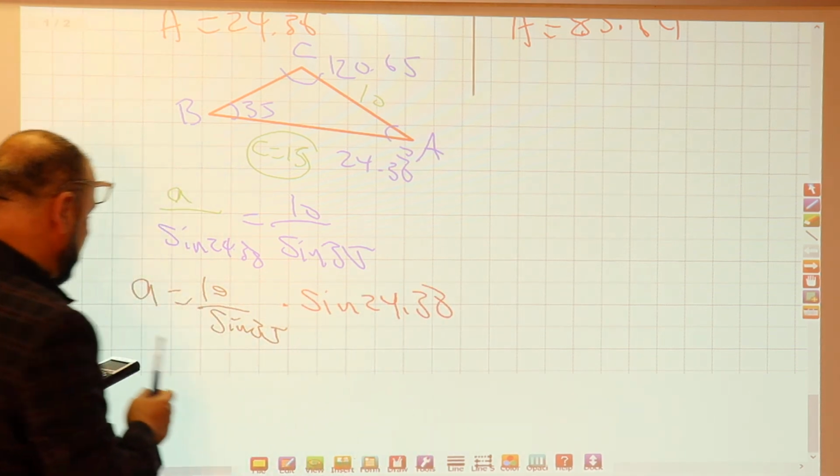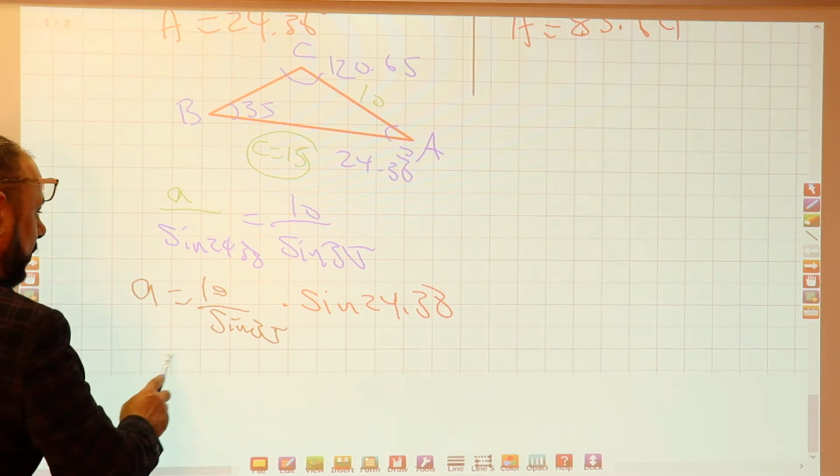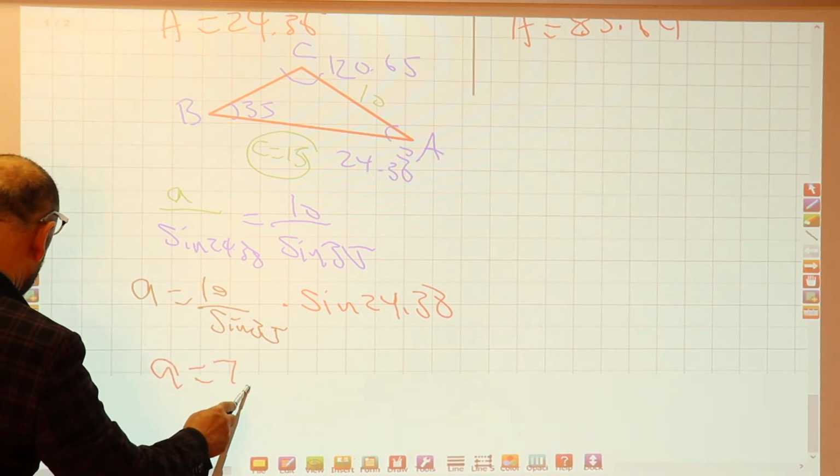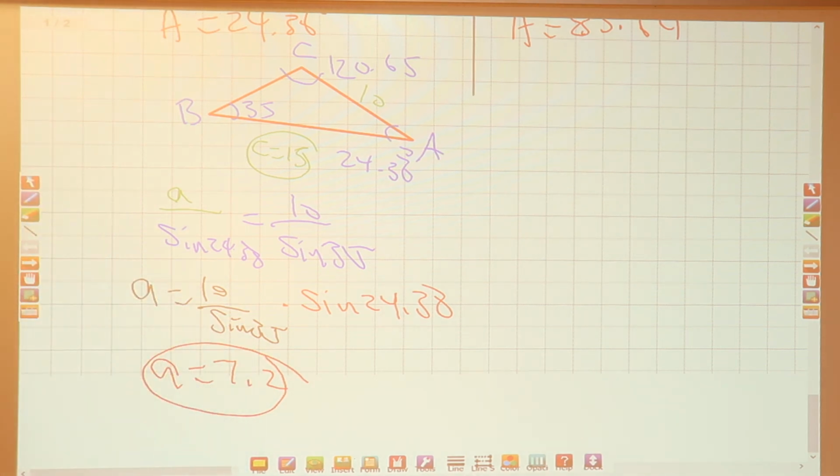Then 10 divided by sine 35 times sine 24.38. Just keep updating all the time. Then 7.248.